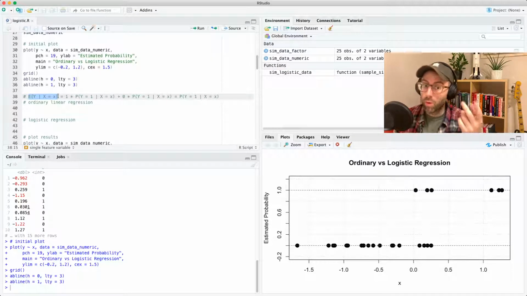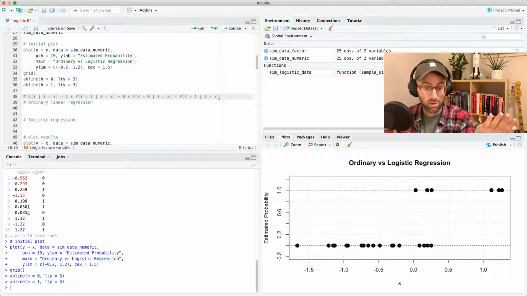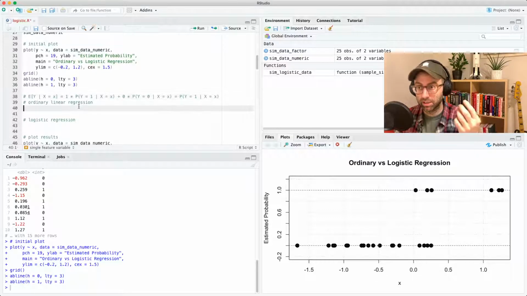Well, when y can only take two values, and we compute this expectation, that's 1 times the probability that y is 1 given x, plus 0 times the probability that y is 0 given x. Well, that's exactly the probability that y is 1 given x, which is kind of what we want in binary classification. So let's try that.